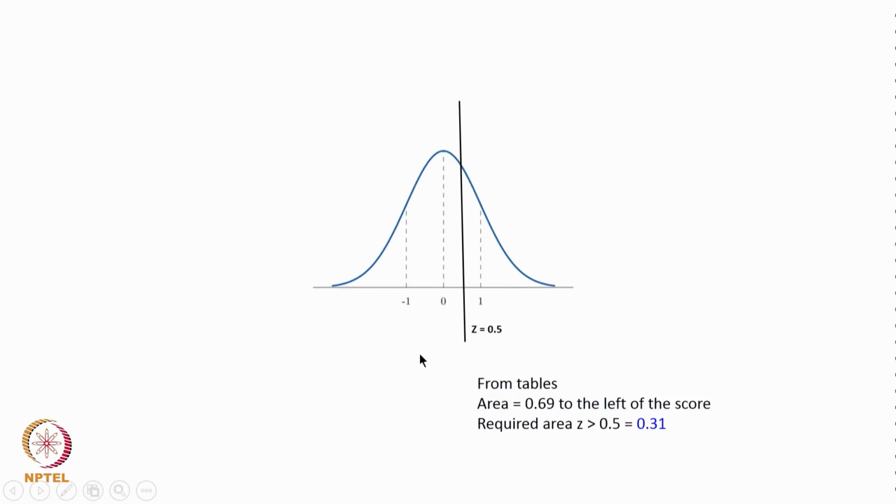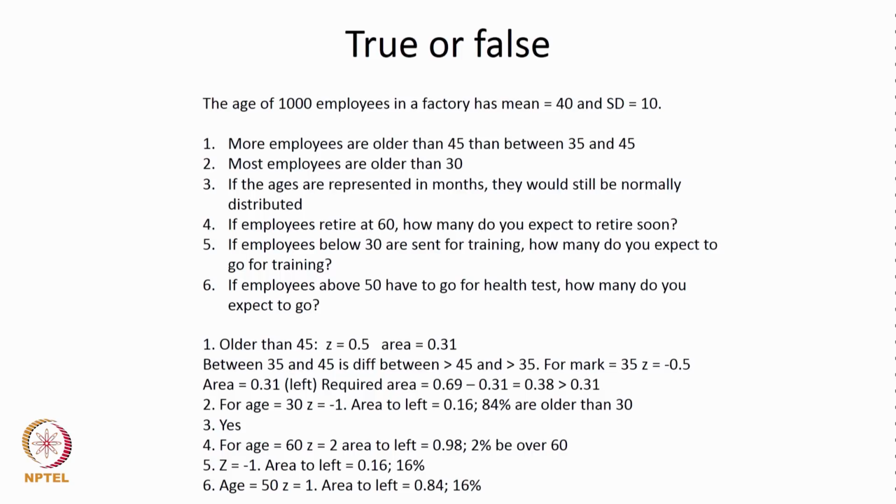So the area to the left of z equal to minus 0.5 is 0.31. The area to the left of plus 0.5 is 0.69, and therefore the area between these two is the difference, which we saw here as the difference between 0.69 and 0.31, which is 0.38, greater than 0.31. Therefore, there are more employees in the age group of 35 to 45 than employees with age greater than 45.